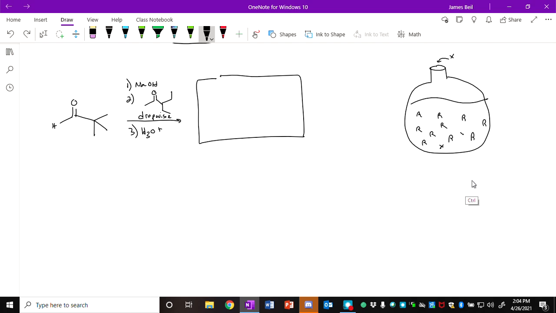So the dropwise thing here, basically what we're saying is, if I add this dropwise, I'm not so concerned about X reacting with X anymore, because as soon as a drop of it hits and it disperses, they're going to be immediately surrounded by the other reactants. And it's very unlikely they'll collide with one another if there's only a tiny bit of that in there and it's surrounded by lots of excess of the other reactant.